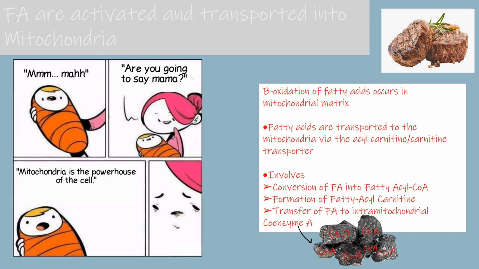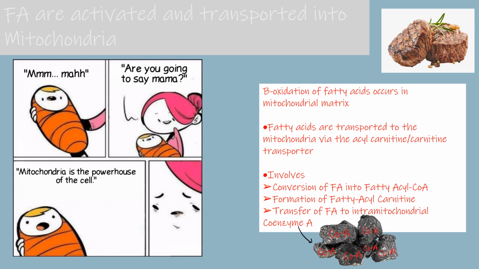And from here, the process involves the conversion of fatty acid into fatty acyl CoA, the formation of fatty acyl carnitine, and then transfer of the fatty acid into intramitochondrial coenzyme A. And the reason why I have a cow is to represent coenzyme A throughout the slides.